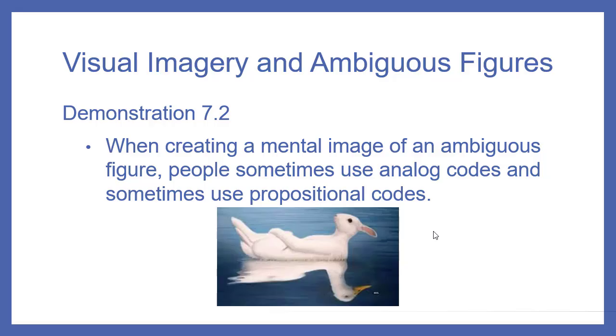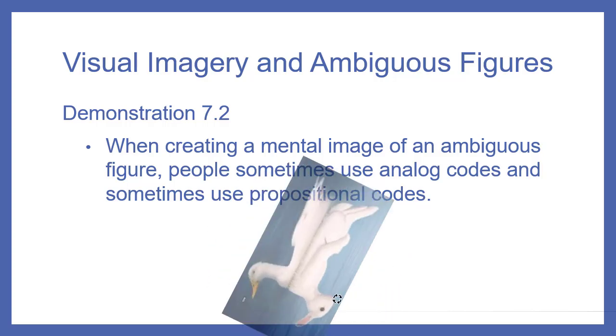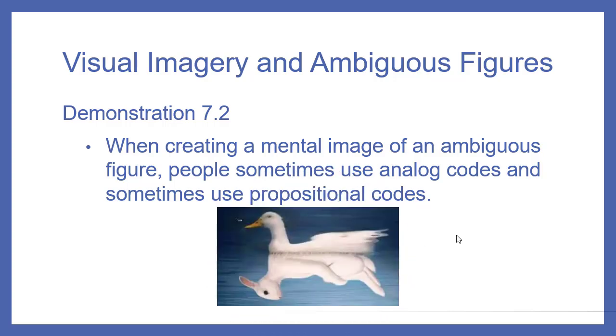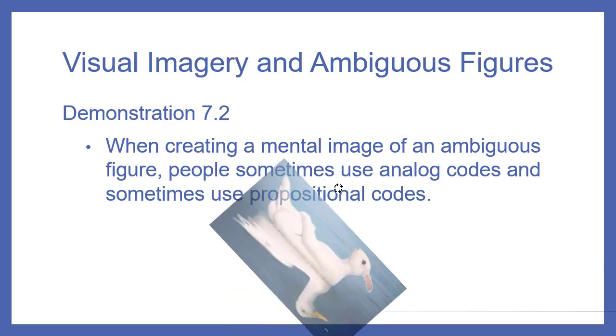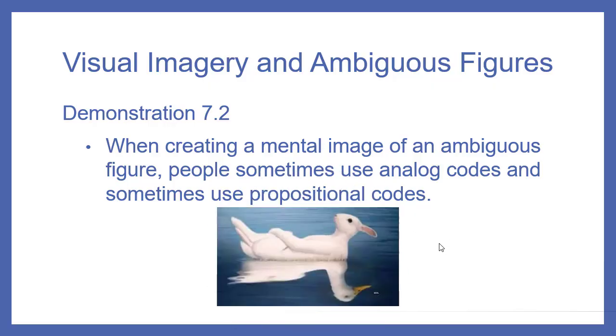You have to describe it propositionally in terms of what makes it distinct from some other thing, because there's ambiguity here. And if I were to rotate this, you can see there's also some reflective ambiguity. You see the duck on top, now it's actually underneath. The duck is designed to not be ambiguous, but the rabbit is.